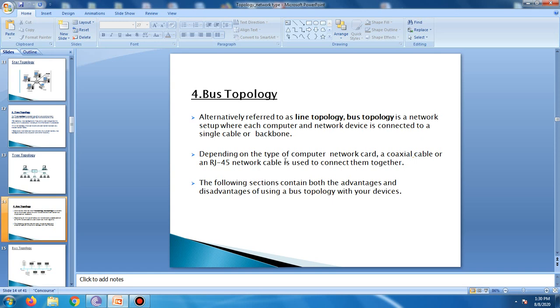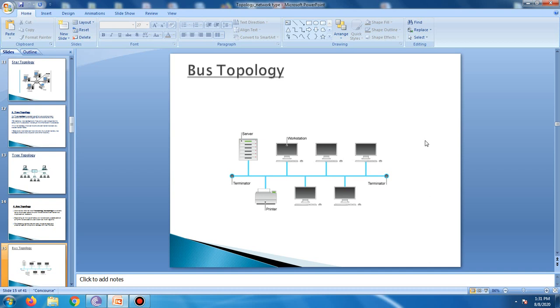Depending on the type of network card, a coaxial cable or RJ45 network cable is used to connect them together. A single cable connects multiple systems: server, workstation, system, printer, system.